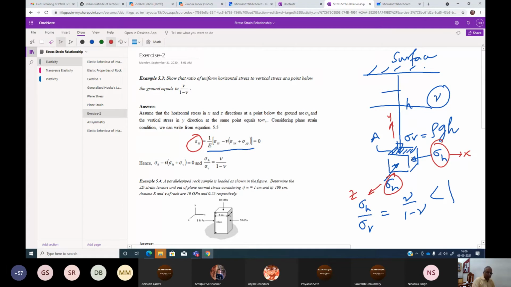We are in plane strain condition because we are looking at 2D.